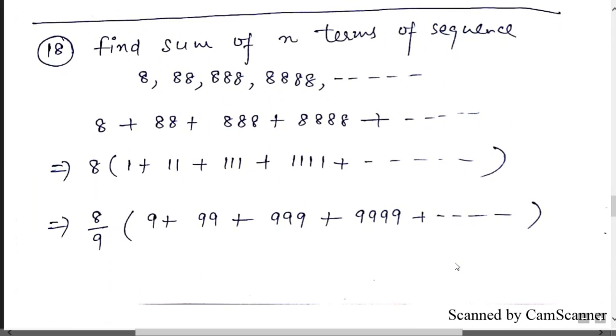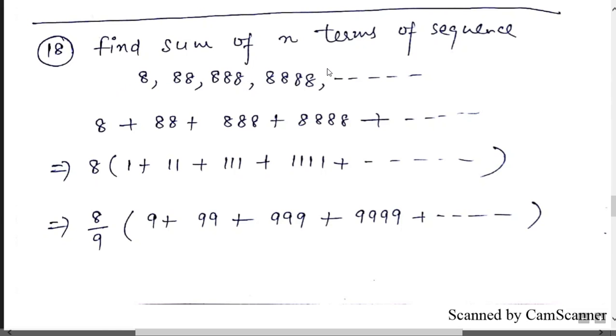This question is the most important question of the whole chapter, basically 8 plus double 8. This type of question is also there in the chapter Principle of Mathematical Induction. In both chapters, this question is important. Now what to do?